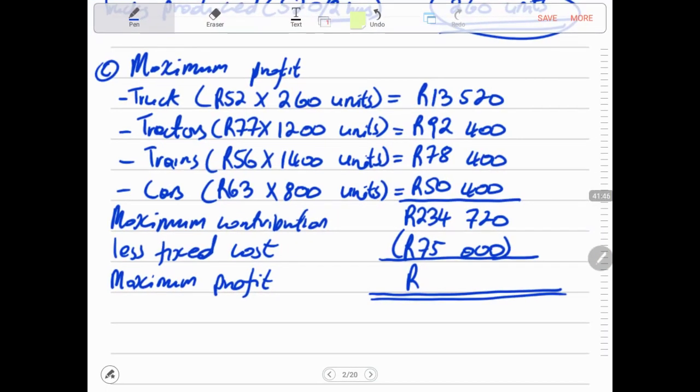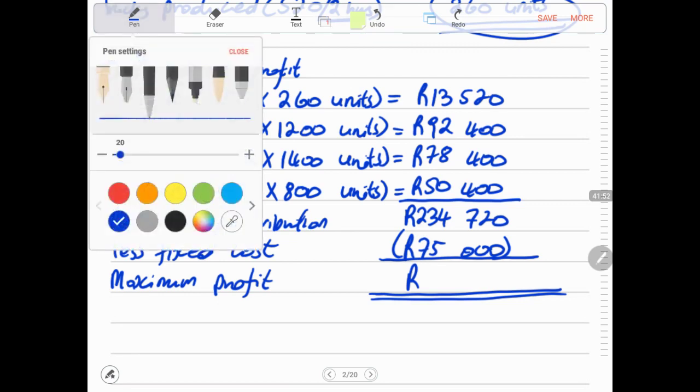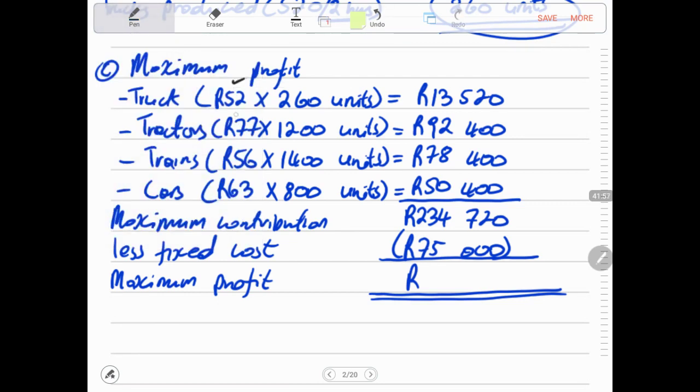So in this case, I had my contributions. Remember, these were the contributions per unit. So now the minute they say calculate the maximum contribution, you only multiply by the contribution and you stop. But if it's the maximum profit, then it will be the contribution minus the fixed cost. Because contribution does not have fixed cost, it's only variable cost.